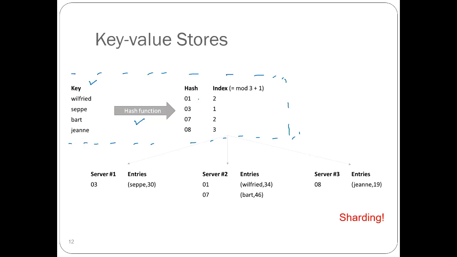In the earlier case, we were just putting the values here, right? But now, since we want to understand the distributive nature of NoSQL databases, we need to think about this case where we are not storing that hash at one server, rather we want to distribute it, right? So we want to understand the distributive nature of the hash table.